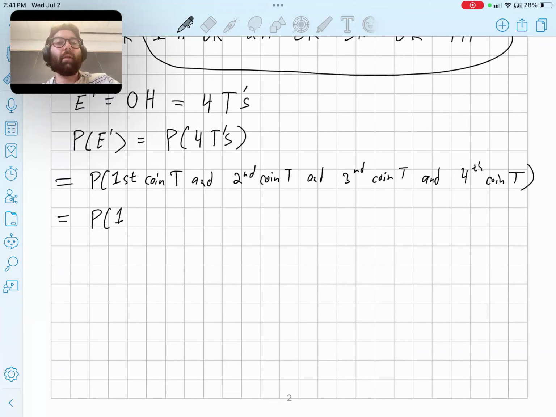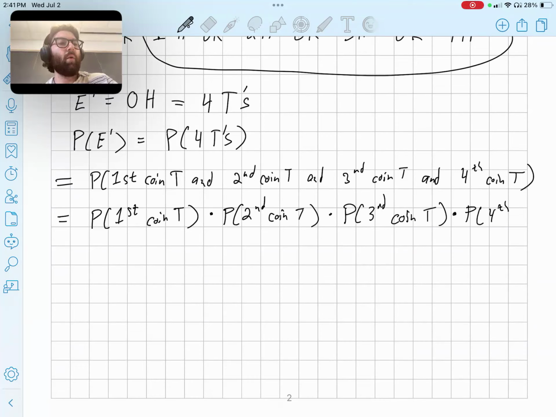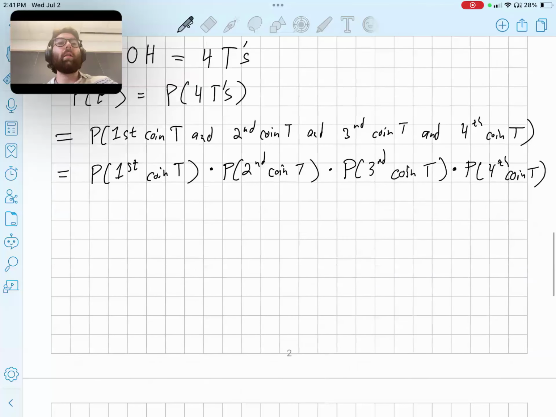We get P of first coin tails times P of second coin tails times P of third coin tails times P of fourth coin tails. Okay, and so all of these we're just asking what's the probability of getting tails on a coin flip. These are all 1/2. 1/2 times 1/2 times 1/2 times 1/2. 4 products of 1/2, that's 1/2 to the 4th, that's 1/16.